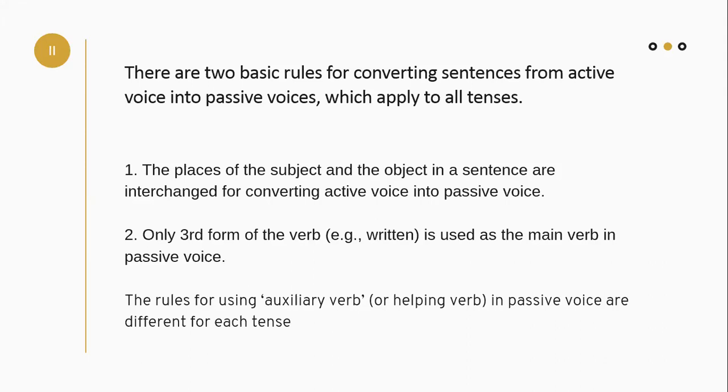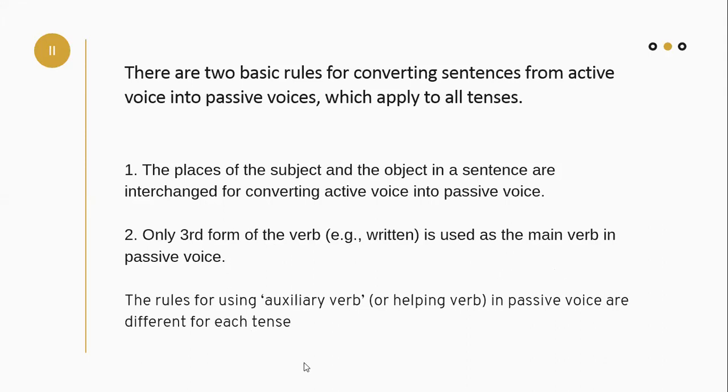It's not compulsory, but there are some circumstances where we have to indicate the doer, or else the person who does the action. And here only the third form of the verb: write, written; play, played; eat, eaten. Likewise, we use only the third form of the verb as the main verb in passive voice.